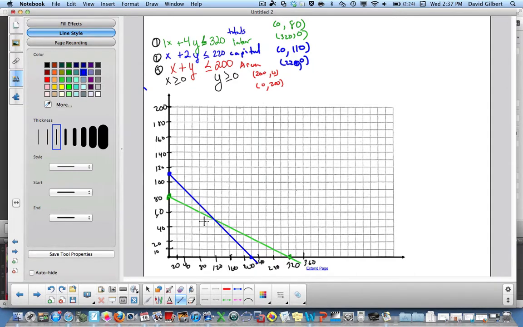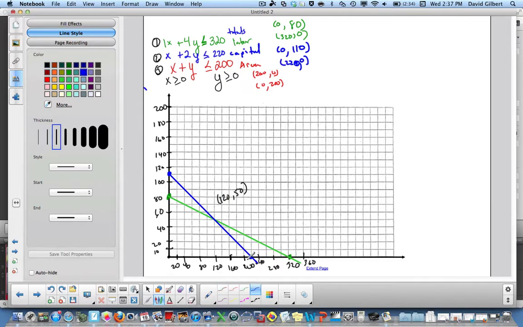And actually it does. You could do a system of equations between these two, which I did when I was making my answer key. So if you look at the PDF of my answer key, you're going to see that I found the intersection of these algebraically and found that it is indeed 120, 50. That's where those meet.